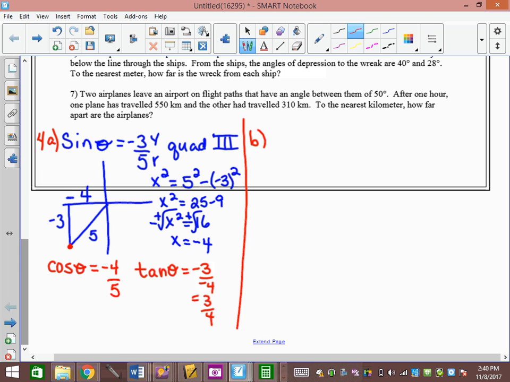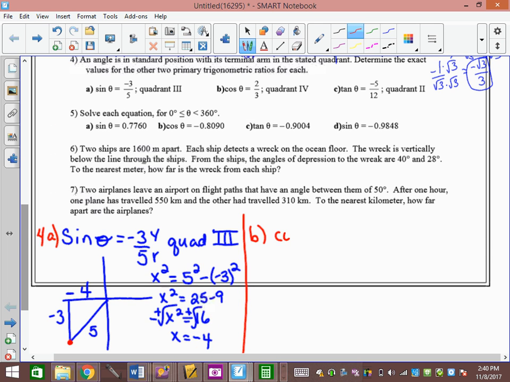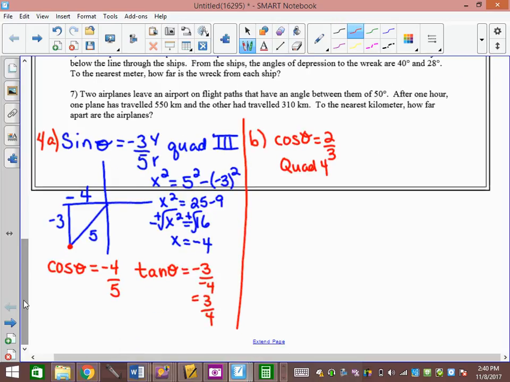B, cos theta is 2 over 3 in quad 4. So we draw it in quadrant 4. x over r. So it's 2 and 3 and negative something.